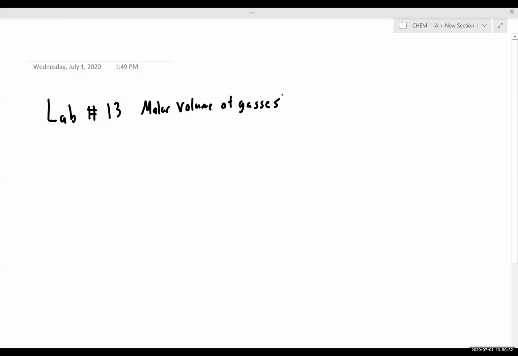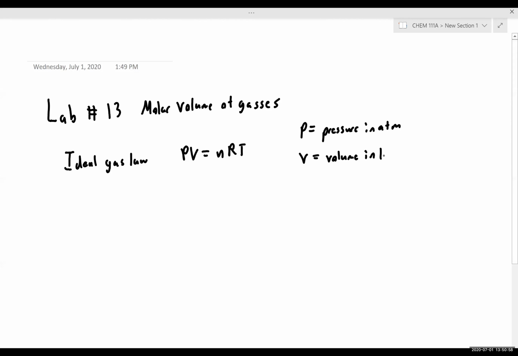Okay, so let's review a little bit about what we know. We know from the ideal gas law that we used in previous labs that PV = nRT, where P is the pressure in atmospheres, V is the volume in liters, R is the ideal gas constant, and T is the temperature.